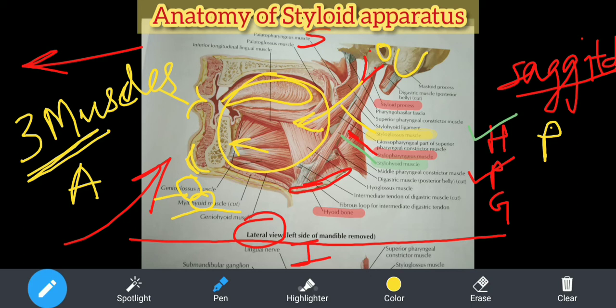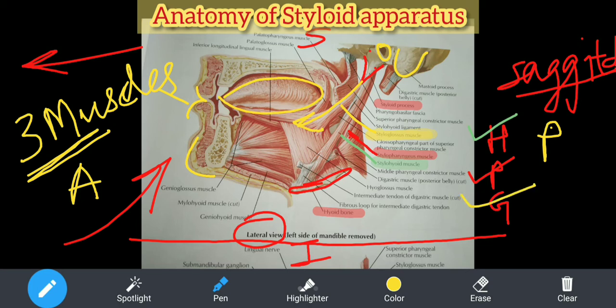Okay, homework for you. Geniohyoid, from the genial tubercle to the hyoid. This way all these muscles are named, it is simple, not that difficult. So this was the chin, this was the tongue. So the third muscle also you have traced. Styloglossus. So this is about the three muscles.